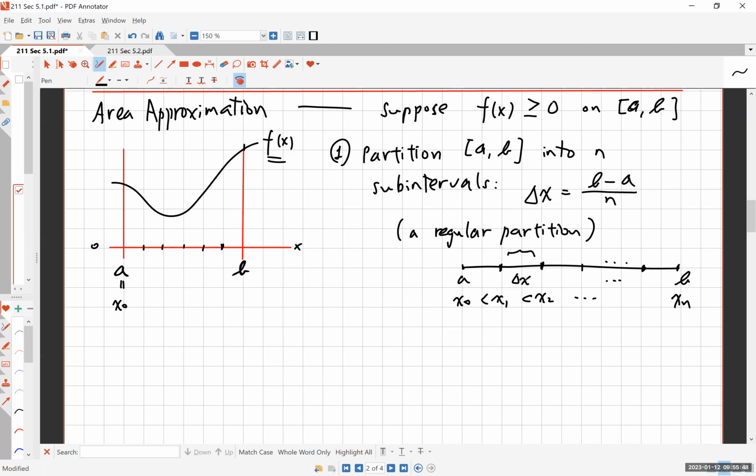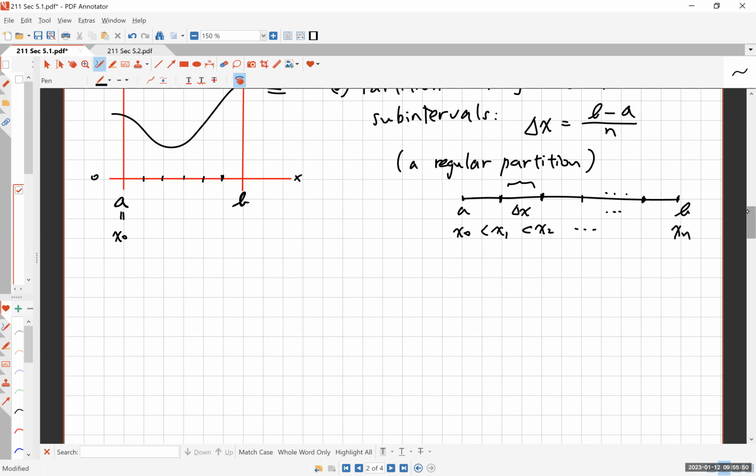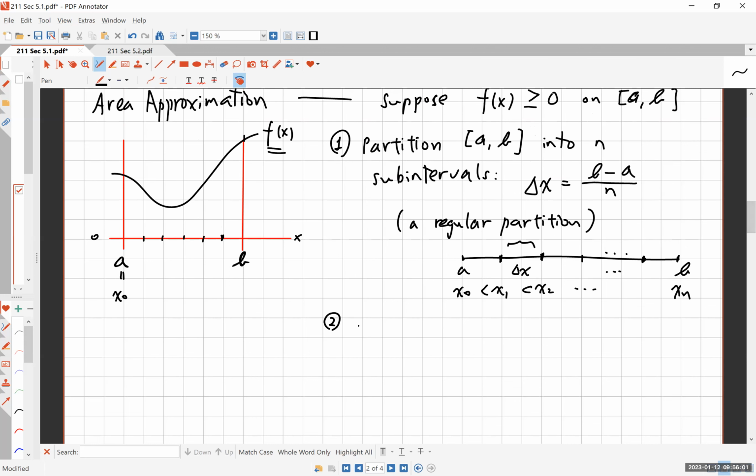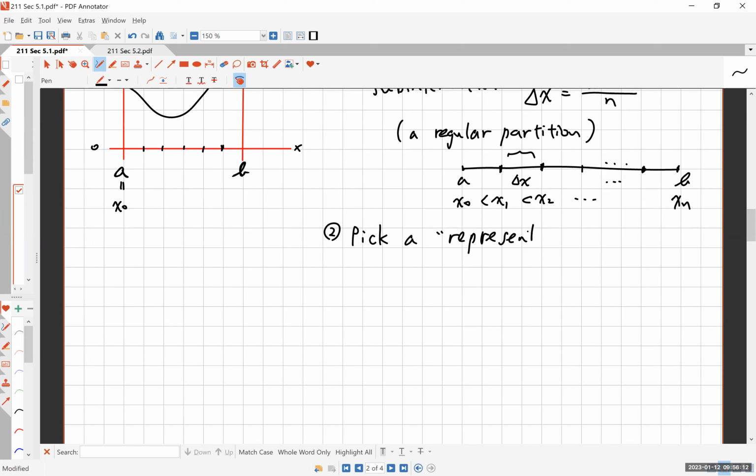All right, so that's fine. Now, how are we going to approximate this? What we will do is pick a representative point, and we're going to do this in maybe 2 or 3 different ways. I pick a representative point for each subinterval.